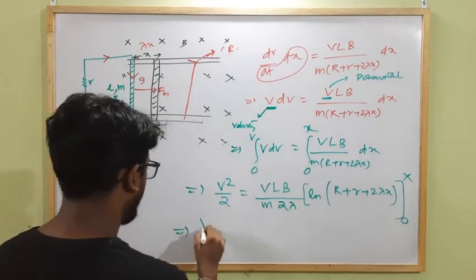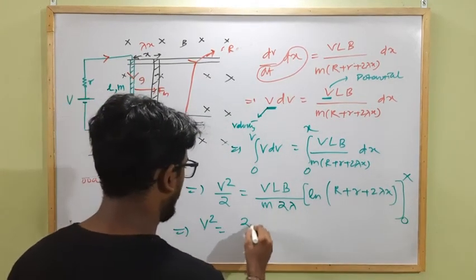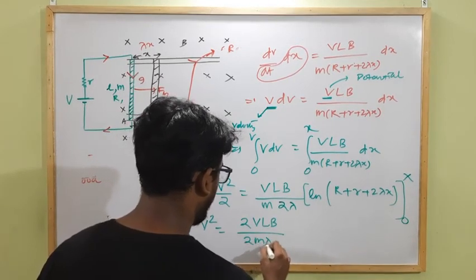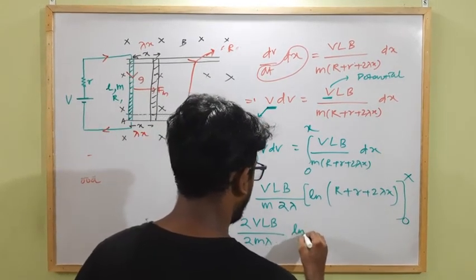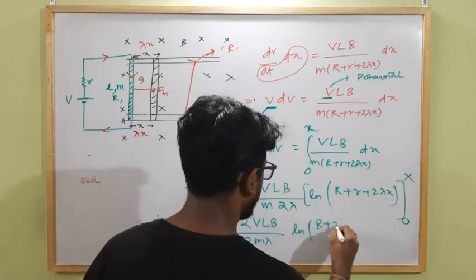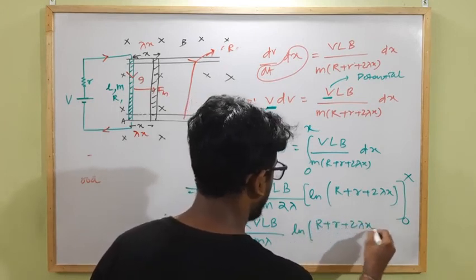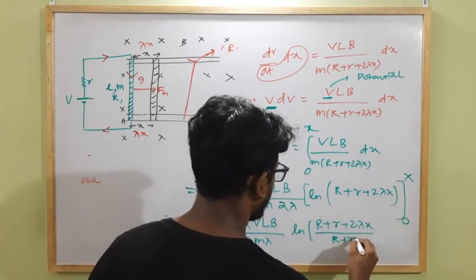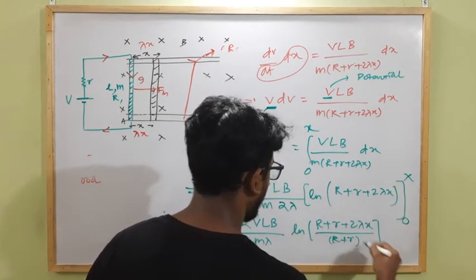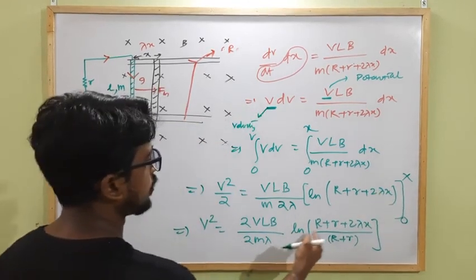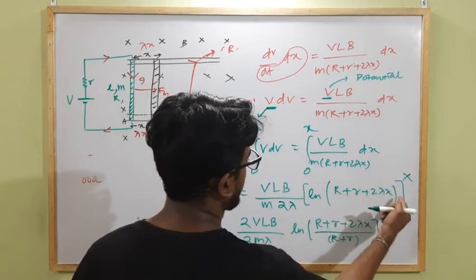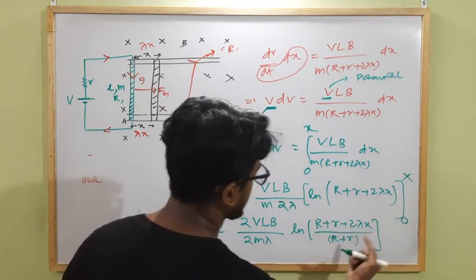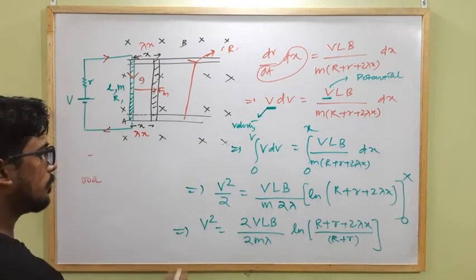So V square equal to 2 into VLB divided by 2m lambda, it will be ln of R plus 2 lambda x divided by, putting 0, it will be R plus R. Upper limit minus lower limit, so ln of R plus 2 lambda x minus ln of R plus R will be ln of R plus 2 lambda x by R plus R. So V will be how much?